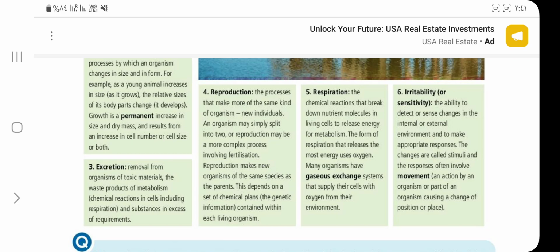The change in the internal or external environment is called stimuli, and the response often involves movement, an action by an organism or part of an organism causing a change in position or place.